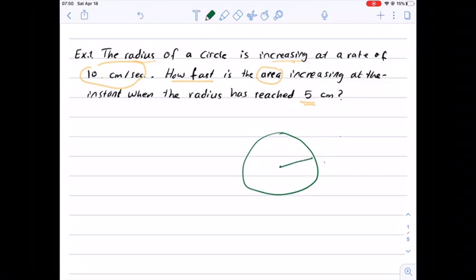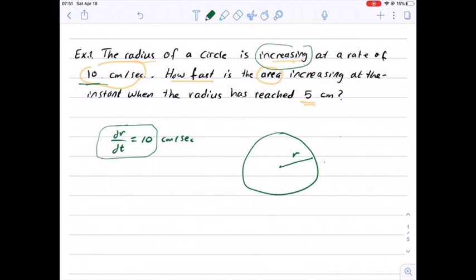So here for this problem we have a circle of radius r, and r is increasing, so dr over dt is 10 centimeters per second. So the rate of change of the radius with respect to time is 10 centimeters per second.